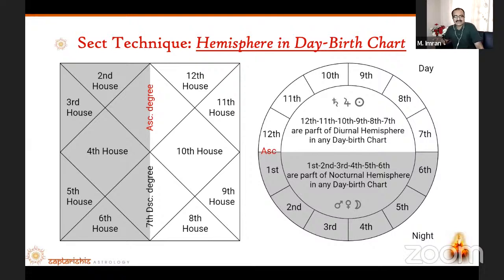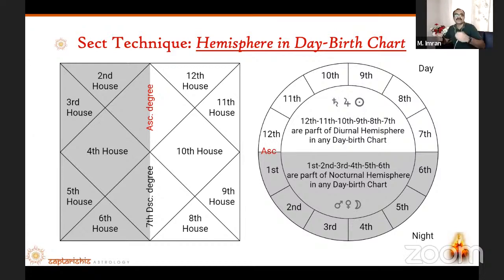So Mars is a natural malefic, right? But for a daytime birth, Mars may play the role of a more malefic or rougher planet, right? Venus is a natural benefic in Western astrology, in Indian astrology, everywhere. But in a daytime chart, Venus is not so beneficial for a daytime birth because it's a nocturnal planet and it acts well in night time, in a nocturnal chart, right?